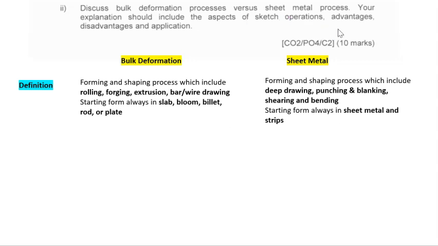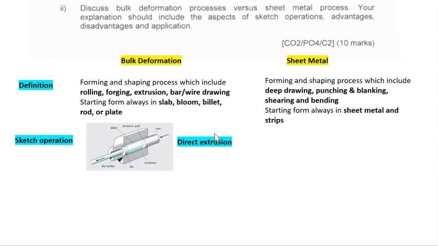Now we're going to look at the operation. Since we have a lot, you can choose any example that you can easily draw, and don't forget to label and give the type of process that you're going to draw. For example, I choose direct extrusion because it's clear and easy to draw, and I put all the labels here. It is very important that you label and show the force.